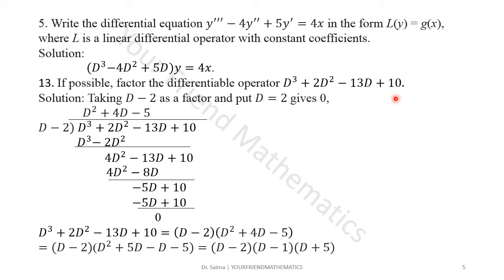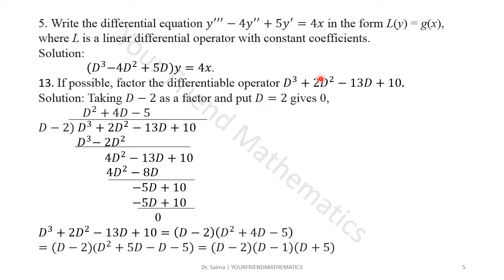We can take plus or minus 1, plus or minus 2, plus or minus 5, plus or minus 10. So here I take D minus 2 as a factor. If D minus 2 is a factor, then D is equal to 2.